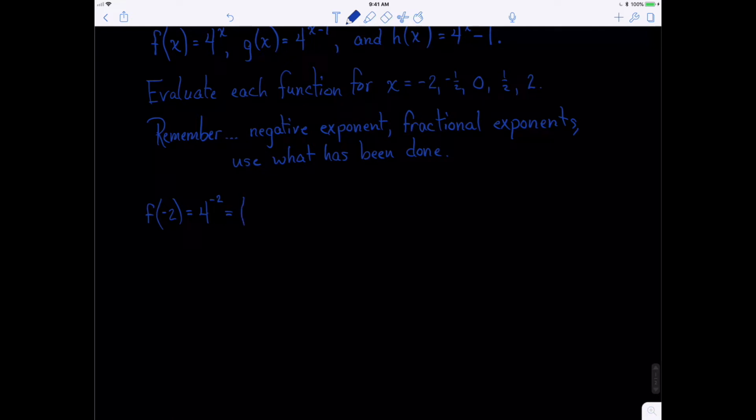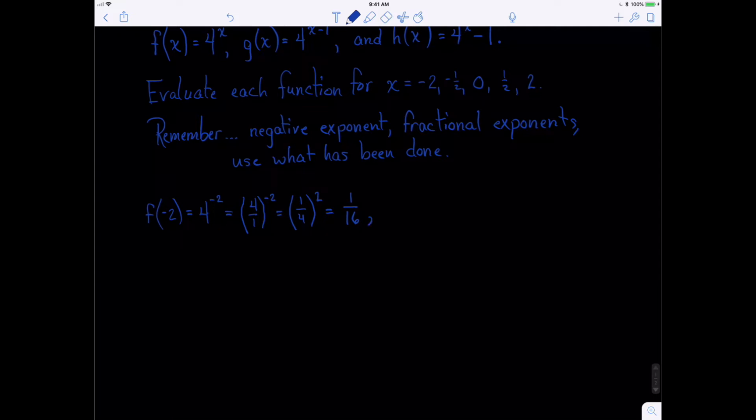So you have to remember that the number 4 as a fraction is 4 over 1. If you think of it this way, you can flip the base, so the base becomes 1/4, and then the exponent is now positive. So this is how you use the negative exponent. And then remember that 1/4 squared is 1/16.